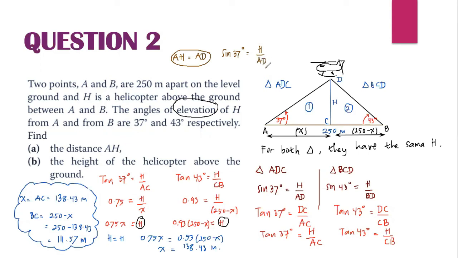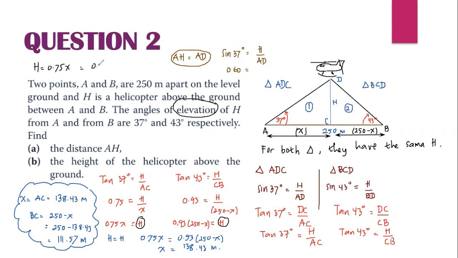So sine 37 is 0.60. Height is, how many height? Have you got the height? Not yet. Okay, I think we have to find h, right? So h is 0.75x, right?